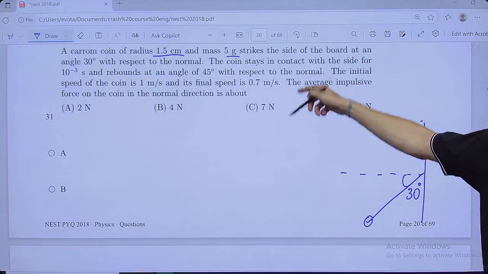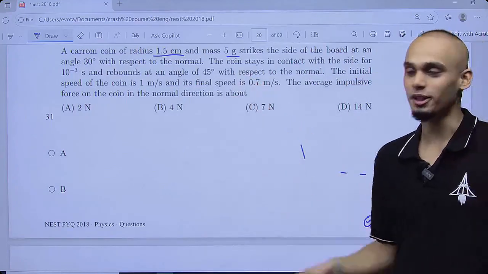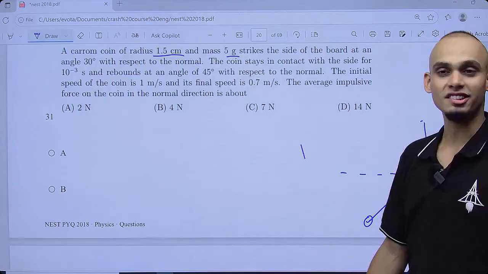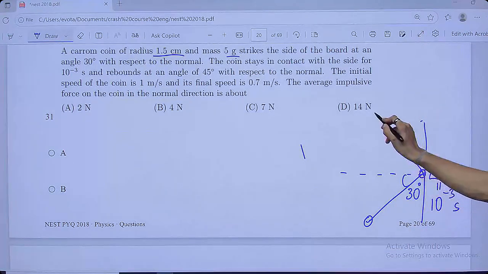It stays in contact for 10 power minus 3 seconds. So we have the value of delta t is equal to 10 power minus 3 seconds. And in this time, it suffers a collision, which is an inelastic collision, because it is emerging at some different angle. So it is emerging at an angle of 45 degrees.